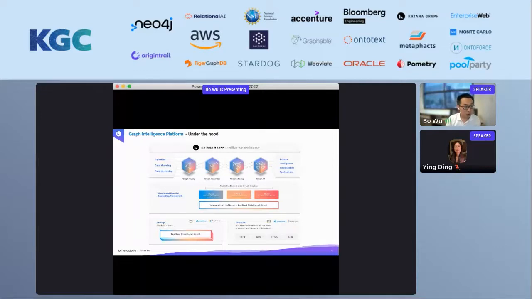In the middle of this figure shows the core of the Katana system, which is designed to handle general or large-scale graph computing workloads. We designed a graph storage format called Resilient Distributed Graph, or RDG for short, with efficient in-memory topology and property data representation.